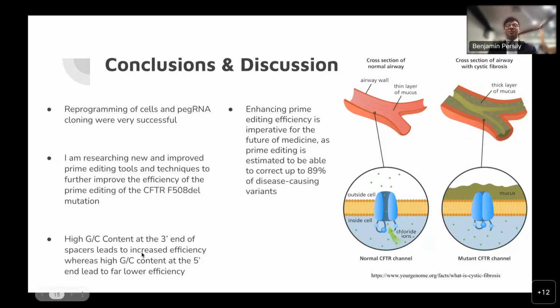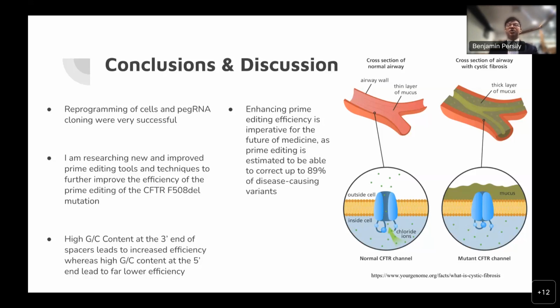However, my work in optimizing prime editing highlights the importance and largely untapped potential of the 3' end. The 3' structural motif of the epegRNA that I mentioned previously also corroborates the idea that more work needs to be done to truly understand the importance and power of the 3' end in the pegRNA design.